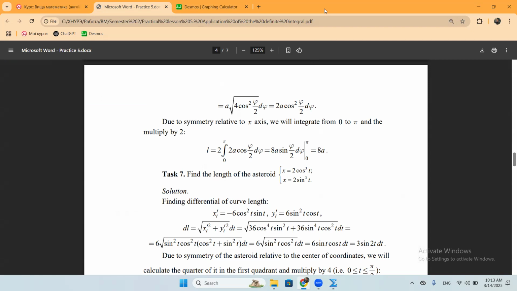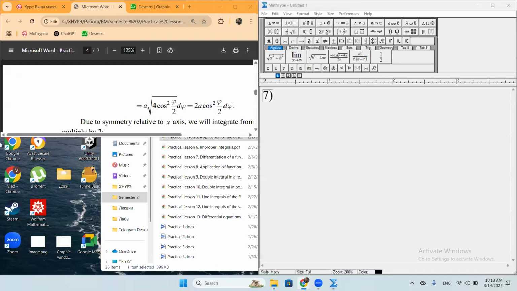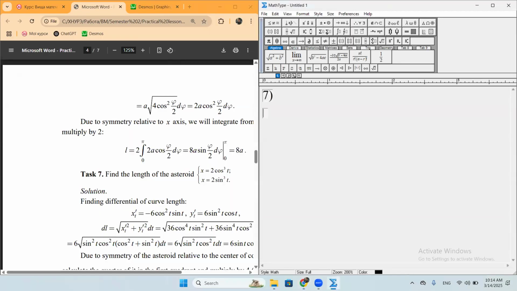So the formula of the differential of the curve length for a parametric graph will be the following: square root of x prime squared plus y prime squared. Of course, x and y depend on t, and dt. So this is the differential of the curve length.